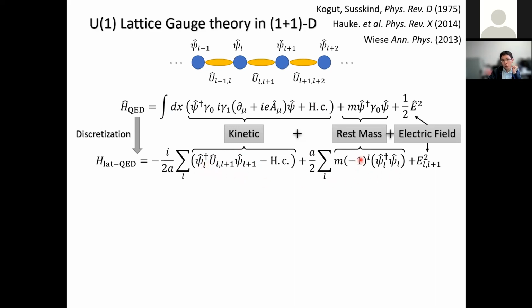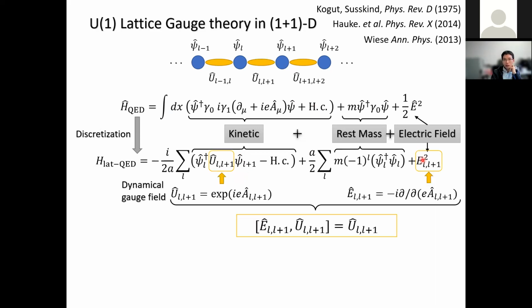And there's this rest mass part, which is the matter fields, and the electric field part, which is the gauge field. Now, this dynamical gauge field operator is constructed from the electromagnetic four vectors, and so is the electric field. So they follow this commutation relationship.